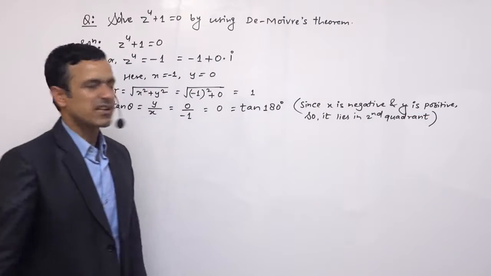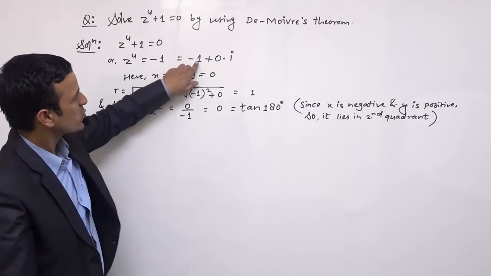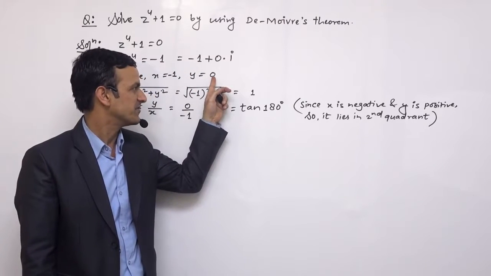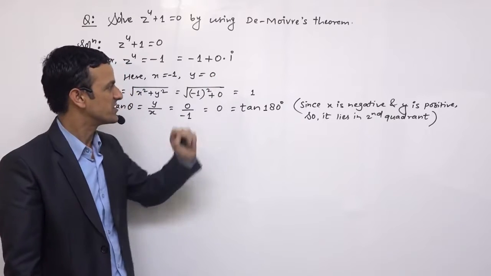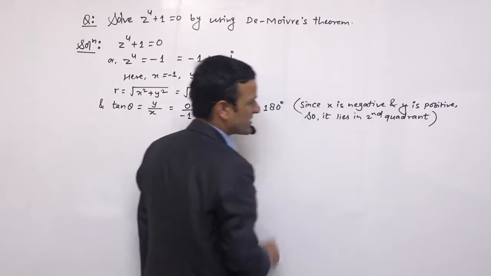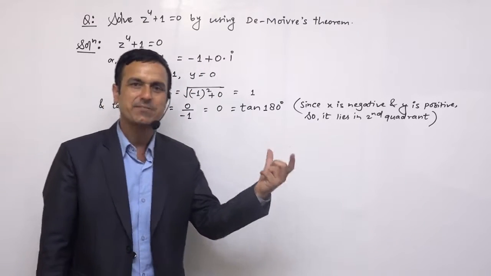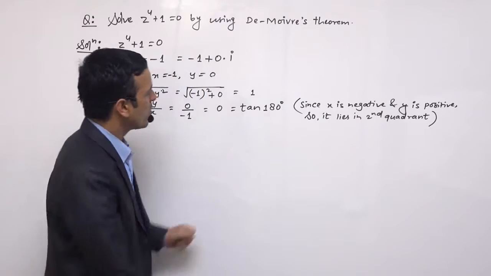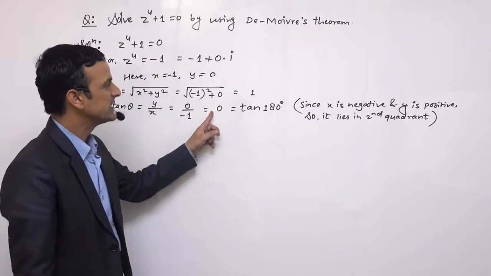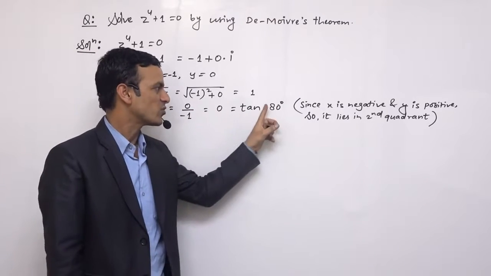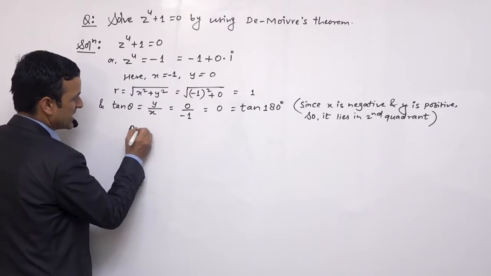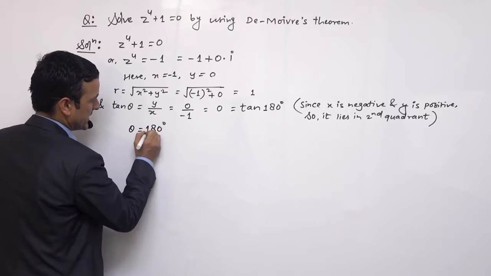Here the sign of x is negative and the sign of y is positive, 0 is never negative, it is positive. That is why it lies in the second quadrant. The second quadrant is of the form 180 minus theta, where theta means the minimum angle, 0 degree. So 180 minus 0 means 180. So here theta is equal to 180 degree.